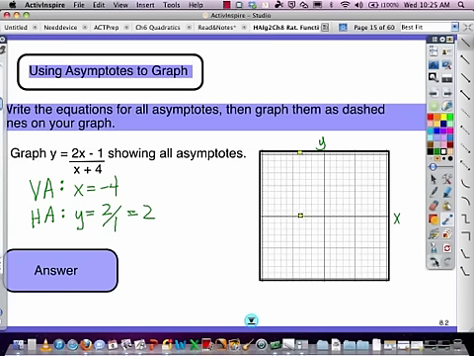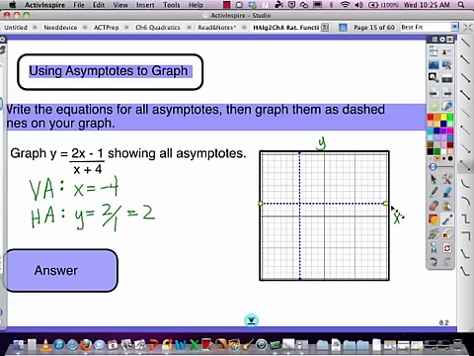Let's undo that. And let's make it blue here. And again, let's go to -4 and draw a dashed line that represents our vertical asymptote. Then let's go to our horizontal, which was a +2, 1, 2, and do the same thing.